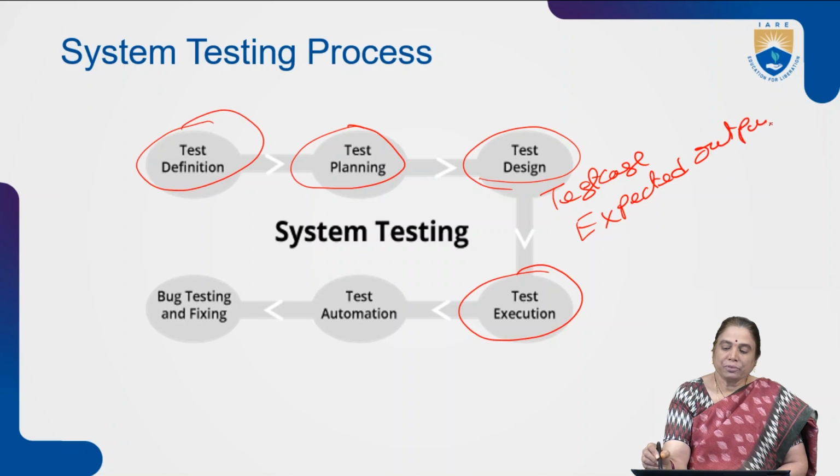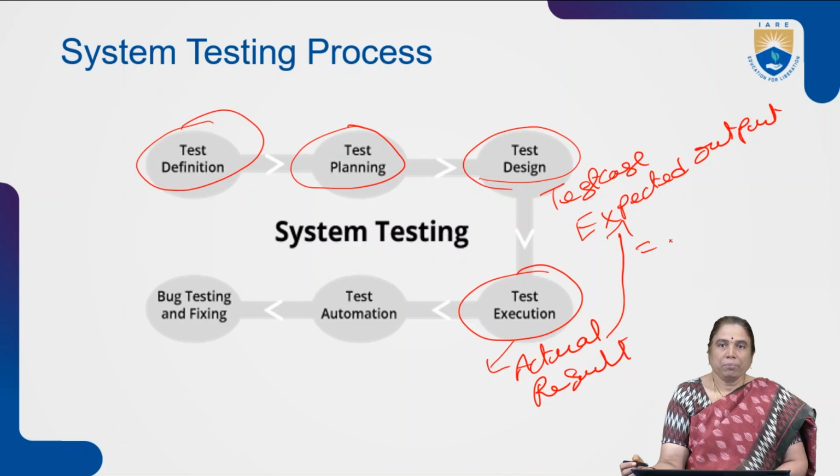And after execution as a test script, we get the actual result. If the actual result and expected result are the same, then the test is passed. Otherwise, the test fails.